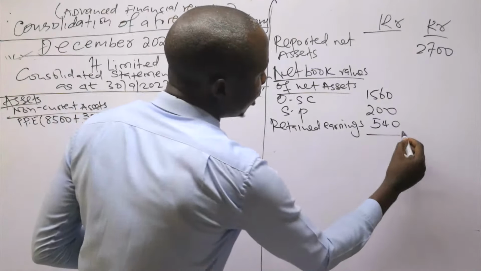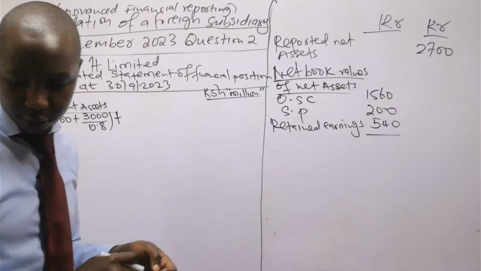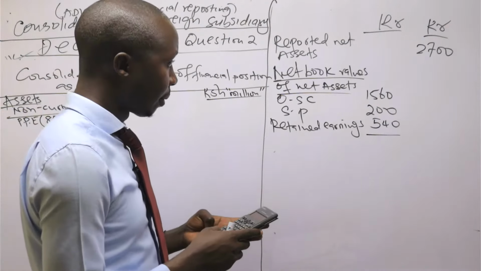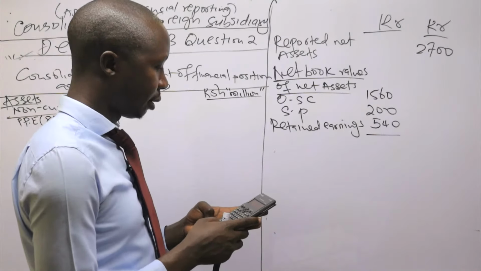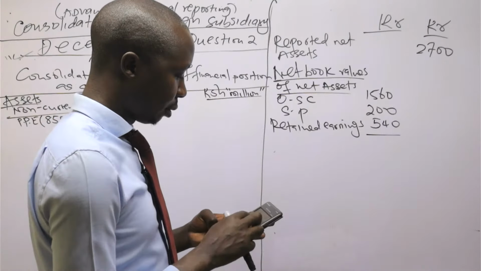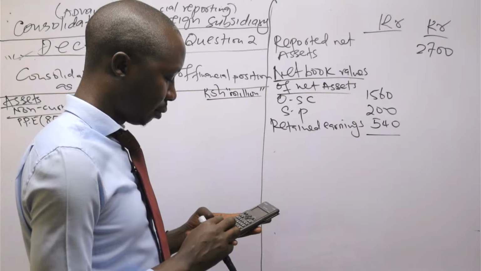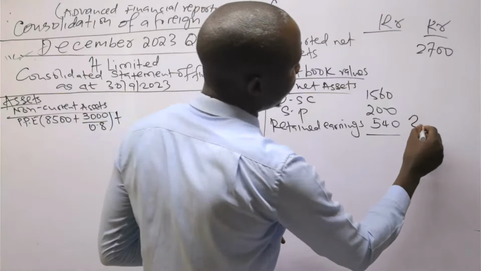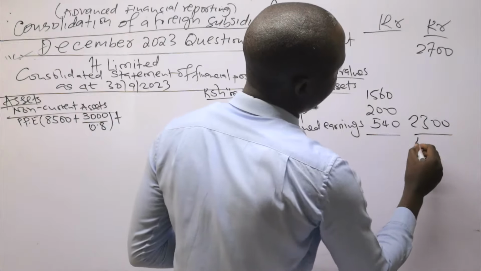So adding these three, 1560 plus 200 plus 540, this is 2,300, meaning that the excess is 400.